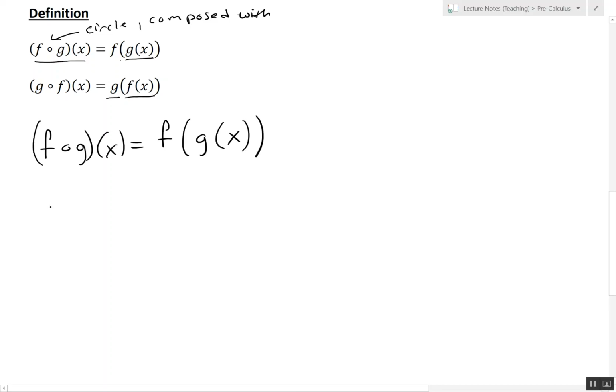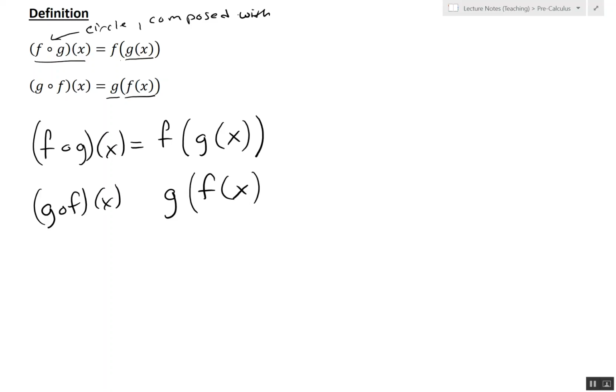And similarly, when you do g circle f of x, you just write all the letters in the same order. The x always gets its own parentheses. You put the other left parentheses between the two other letters, and then you always put an extra parentheses on the end. So this is a good little mnemonic device to remember how to write the notation here.